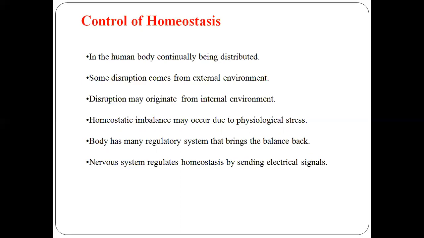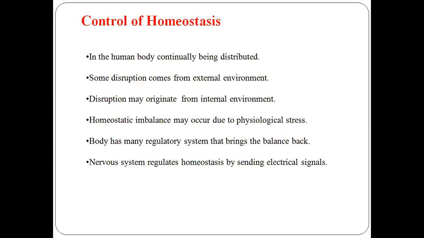Some disruption comes from the external environment in the form of physical assault, such as the intense heat of a hot summer day, or a lack of enough oxygen for a 2-mile run. If you run, there will be a lack of oxygen. These conditions will disrupt the homeostatic balance.